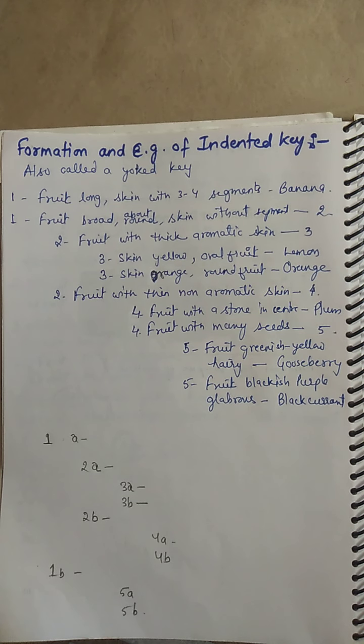Now the second one is the indented key. How is it formed for the same taxa, with the same example? The indented key is also called a yoked key. One couplet is indented, or given space, under the other couplet, meaning a couplet gets space between the 2 leads of one couplet.